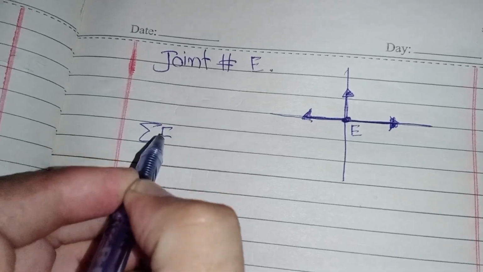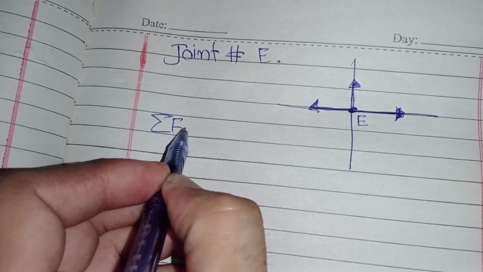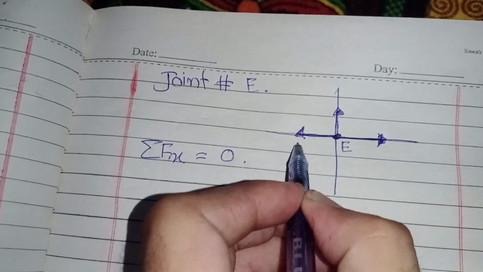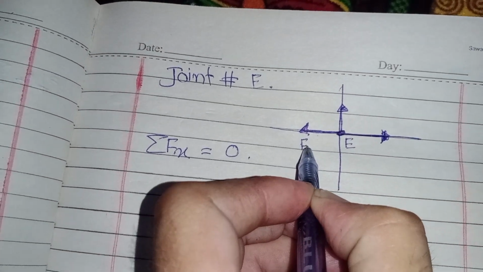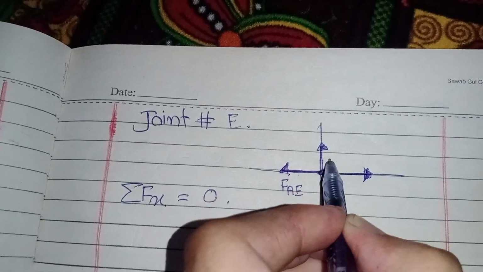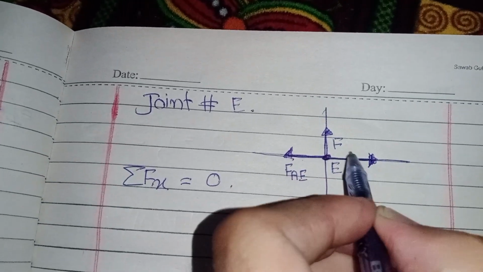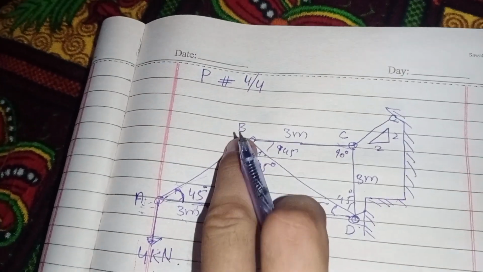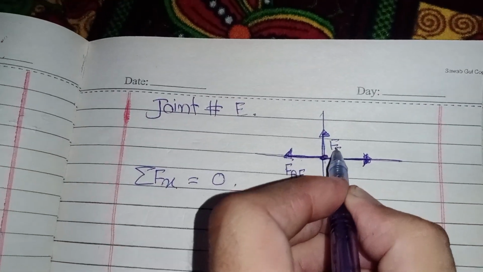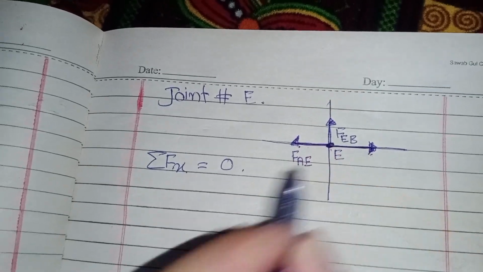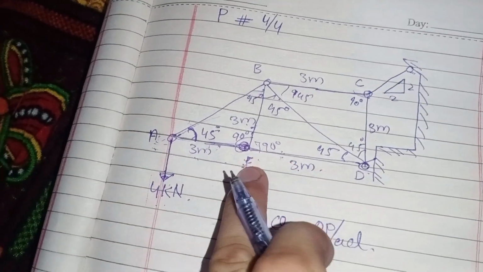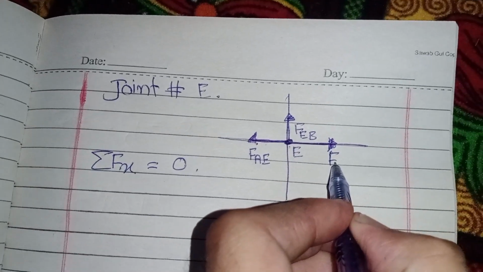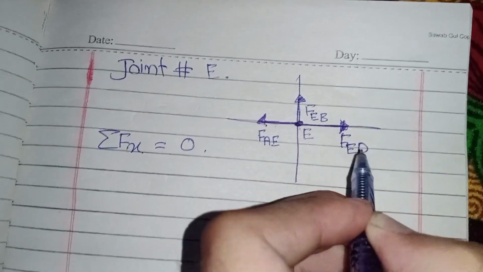So summation of horizontal forces equal to 0. This is F_AE, this is F_EB, and this is F_ED, the force in member ED.